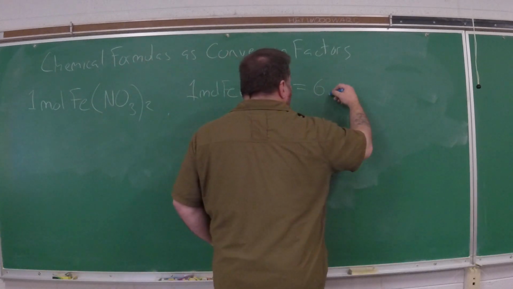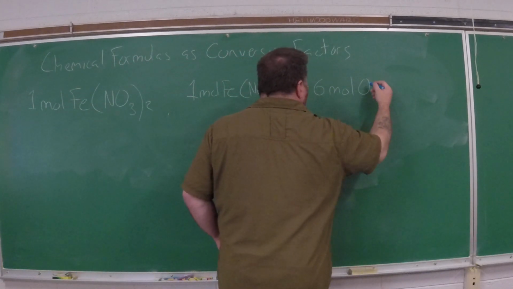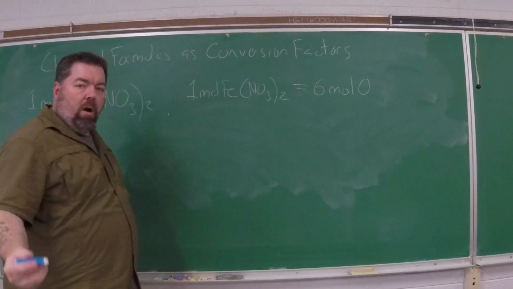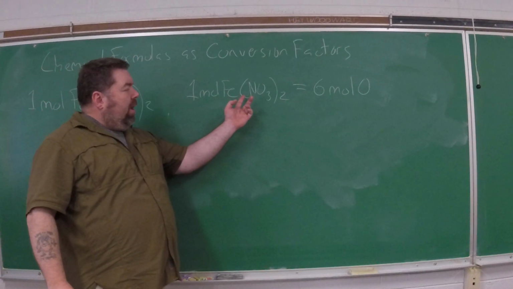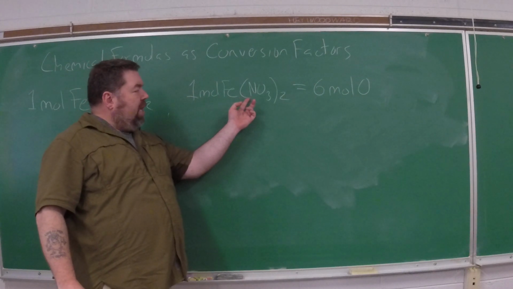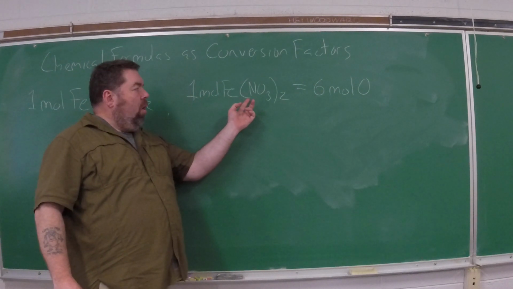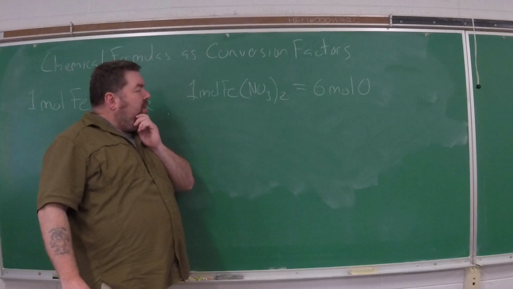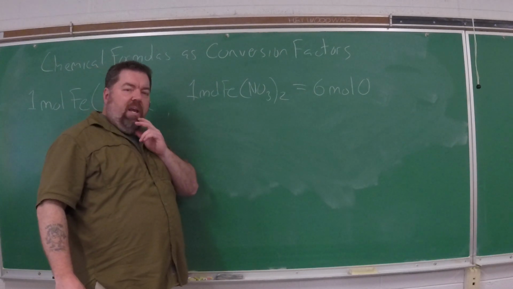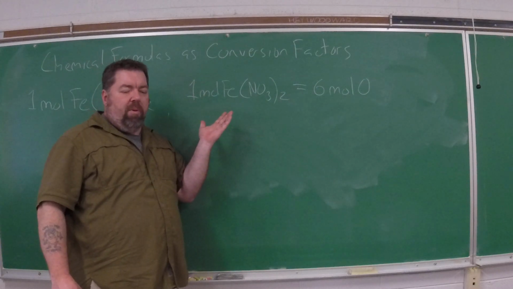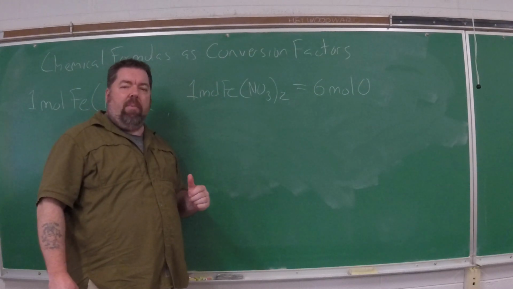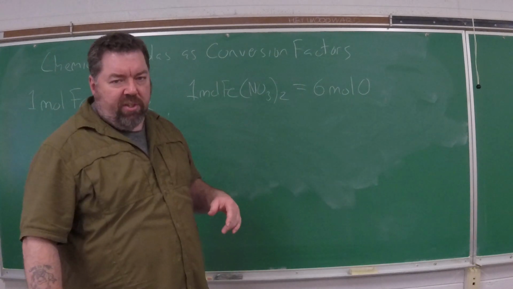So we get 6 moles of oxygen, all right? Or you could have 1 mole of iron 2 nitrate equals 2 moles of nitrogen. Or 1 mole of iron 2 nitrate equals 1 mole of iron, right? So again, these chemical formulas are in front of your face. You just have to pick them out when you need them. Let's take a look at an example.